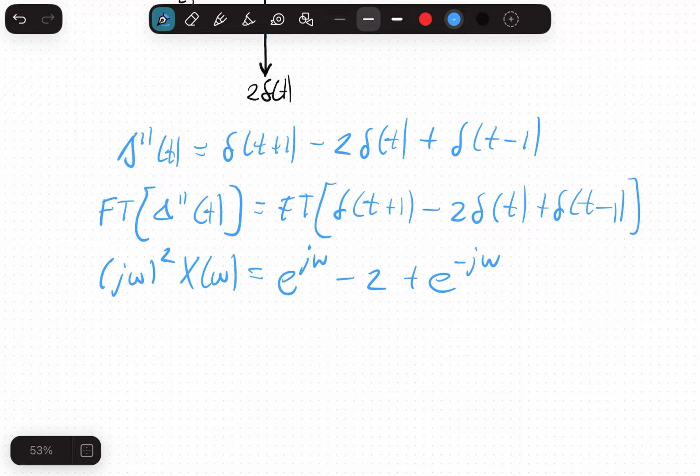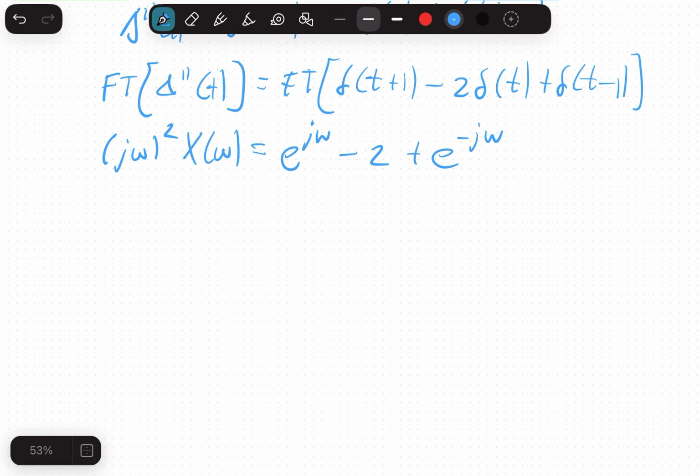Okay, so we work a little bit on the left side. We know that j squared is -1, so this is like having negative omega squared X of omega. And then if we pair together the exponentials, you will start noticing that they look very alike to one of the equations of our friends, Euler's equation.